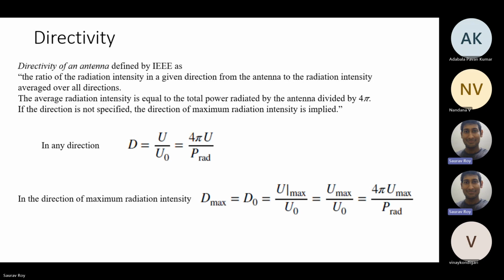The next equation shows D max is given by U max by U naught. It's the same as the previous equation, only U max is the radiation intensity in the maximum direction, so you have to take that angle and calculate accordingly. It's nothing else.